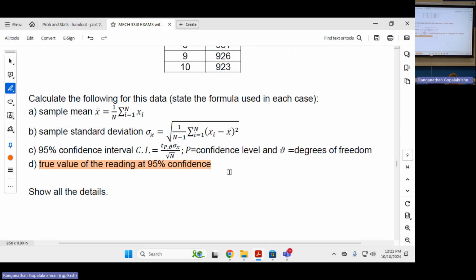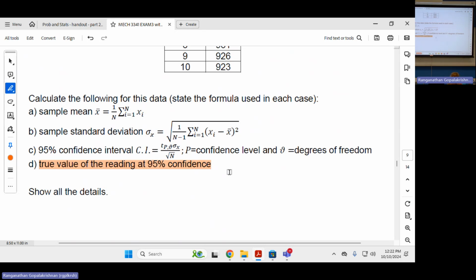That is part 3 or part C. So you got the sample mean, you got the confidence interval. True value is stating them together. It is one sentence saying the true value of the reading at 95% confidence is x bar plus or minus CI. That's it.